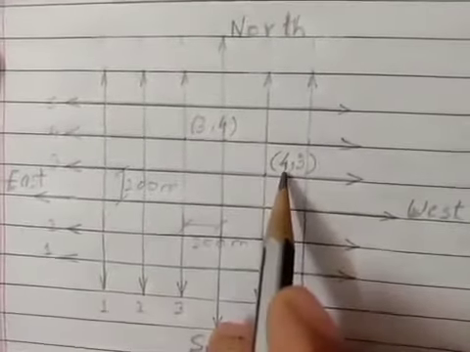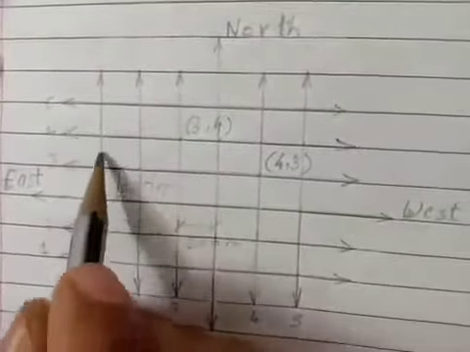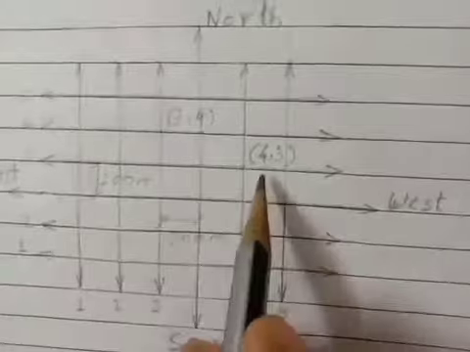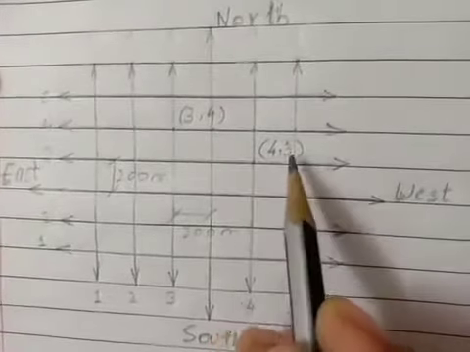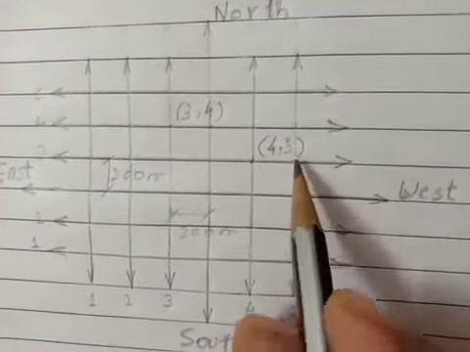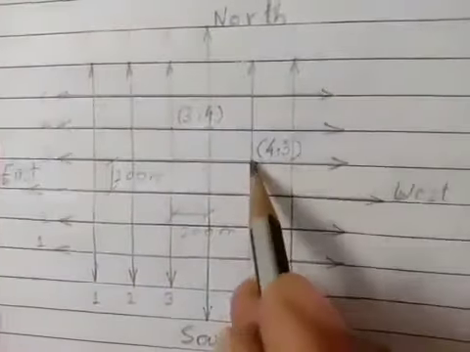For the x coordinate you will measure the distance from the y coordinate. So this is y, meaning the north south street. If you measure, it is 4 units: 1, 2, 3, 4. And to find the y coordinate, we will measure the distance from the x coordinate. x is 1, 2 and 3.